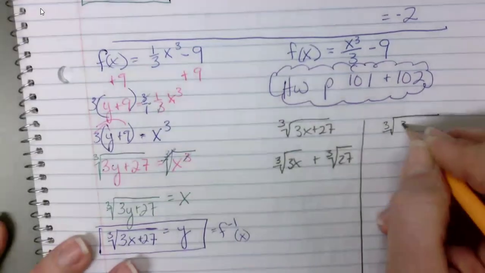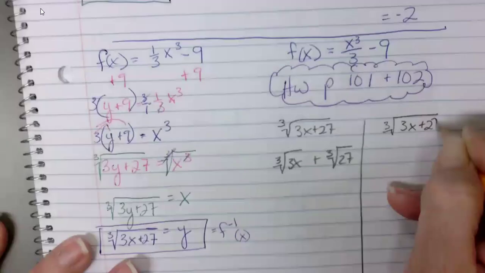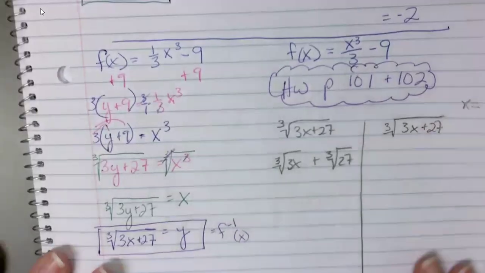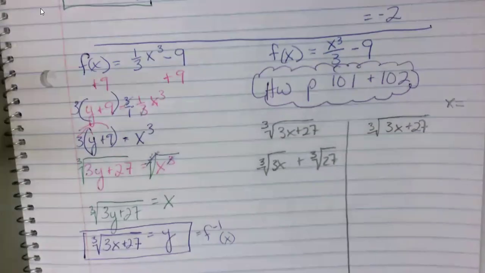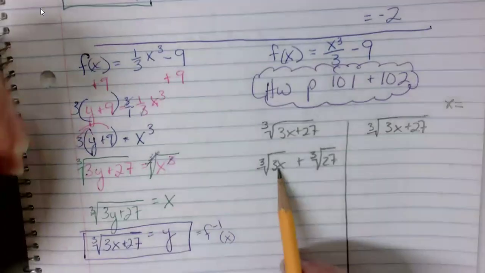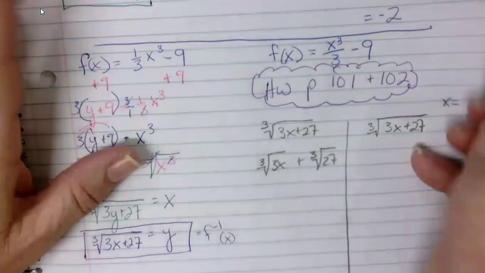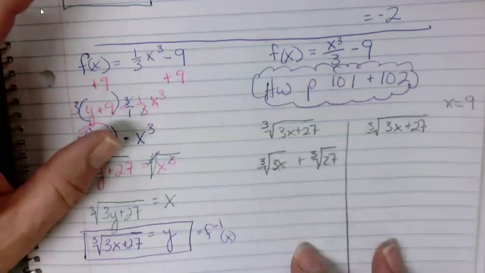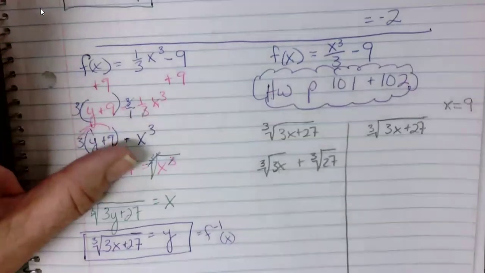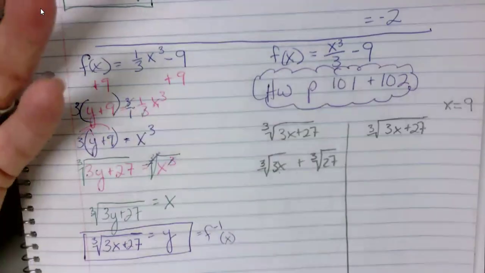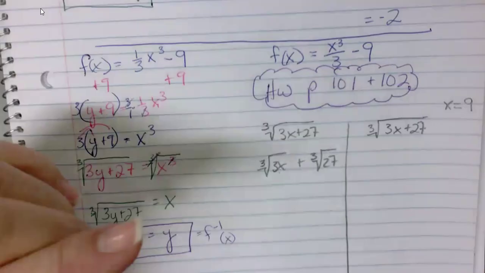I would choose a number and be like, okay, so let's pretend x equals, and then you could choose any number like 1, but I'm going to choose 9 so that I know that this is going to give me a perfect cube. So we're going to pretend that x is 9, and we're going to solve both ways. If both ways give us the exact same answer, then we can split them. But if we get different answers, then we cannot split them.